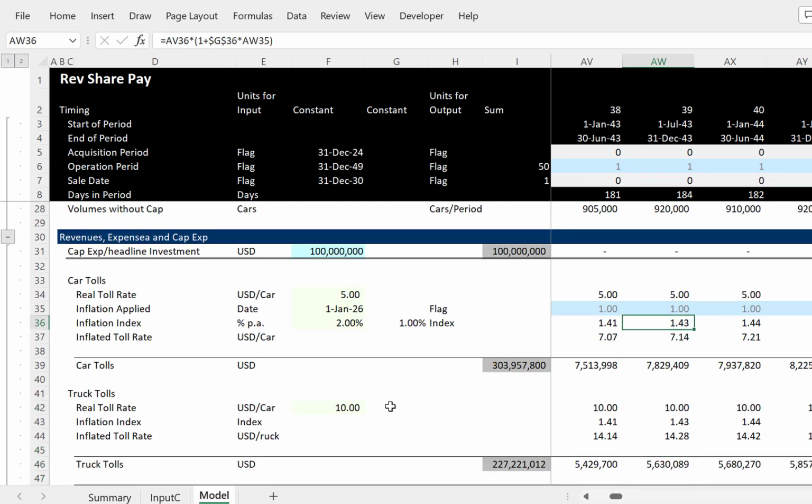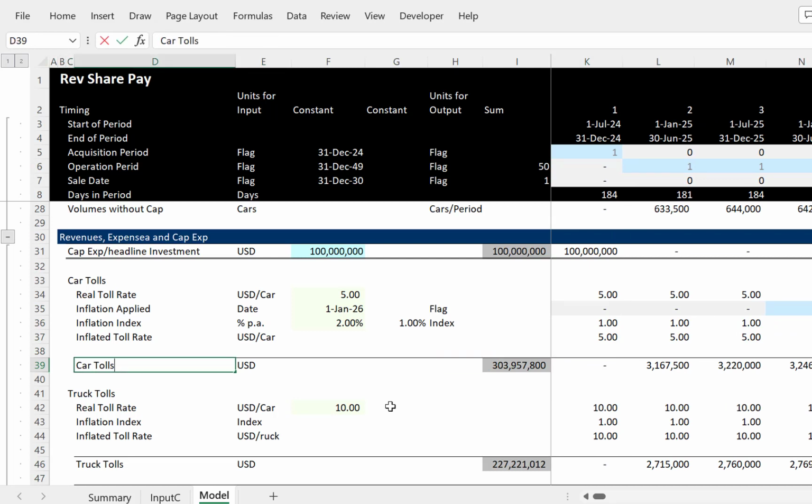And then car toll revenue, truck toll revenue, and now we've got our inflated toll rate.